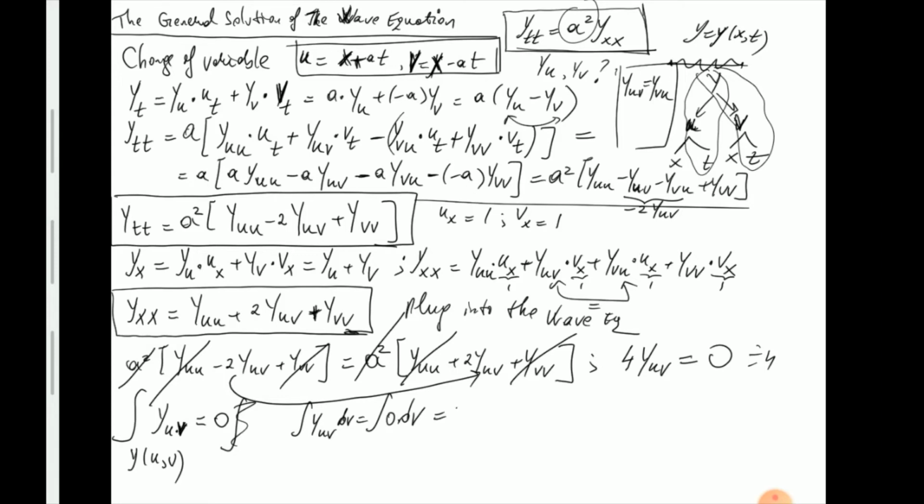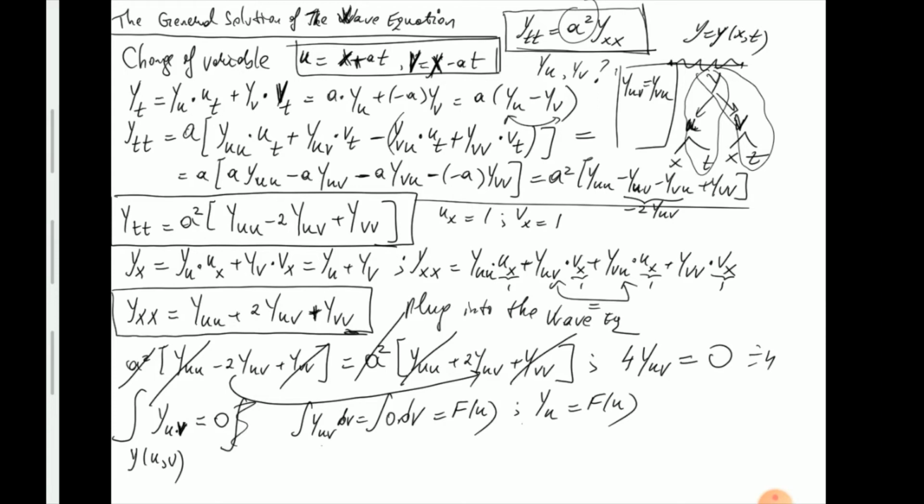Now the integral of 0 with respect to v, that's just going to be a constant, except that notice that constant may still depend on u. So it can be just a function of u. On the left side, you're left with y partial u. Again, if it's not clear, you could do this mentally. It's not a big deal. This is just a very quick calculus 1 checkup. So if I do partial v on the left side, that's going to be y uv.